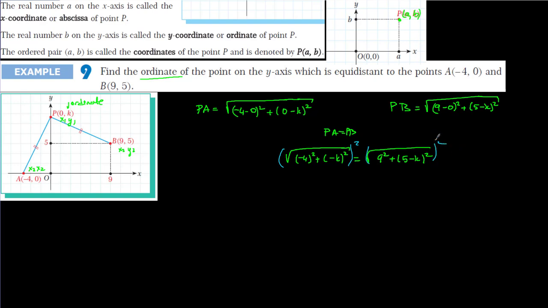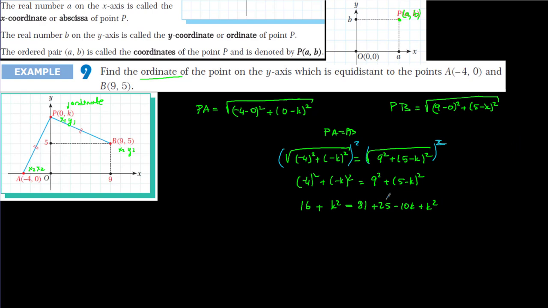If we take the square of both sides, then it's going to be (minus 4) square plus (minus k) square is equal to 9 square plus (5 minus k) square. Minus 4 square is equal to 16, (minus k) square is equal to k square, 9 square is equal to 81, and (5 minus k) square is equal to 25 minus 10k plus k square.